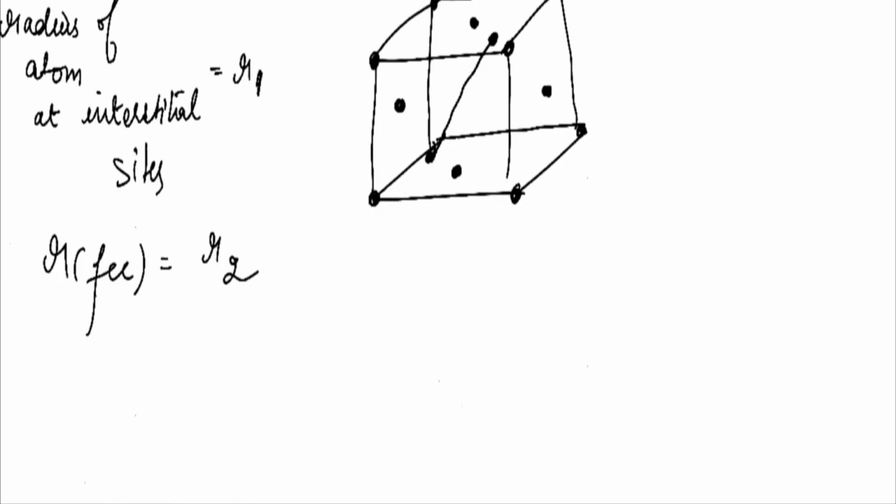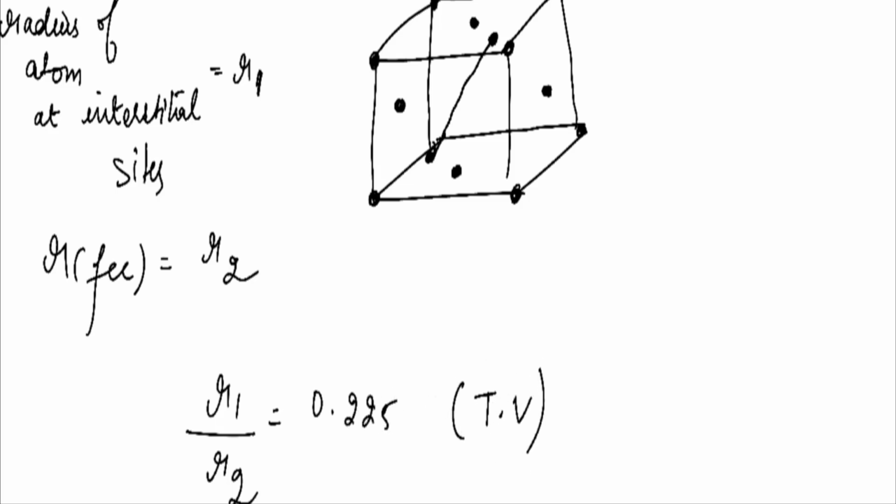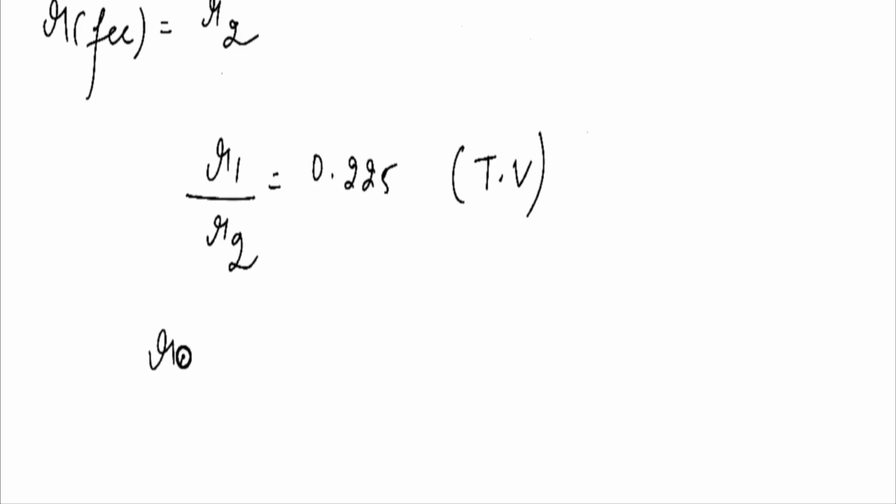The ratio R1 by R2 is equal to 0.225 for a tetrahedral void, and the ratio R1 by R2 is equal to 0.414 for octahedral voids.